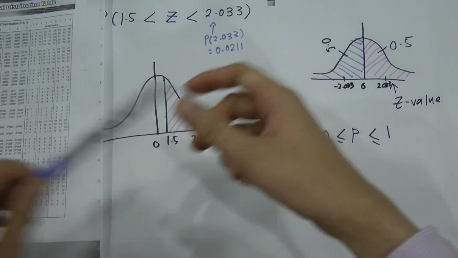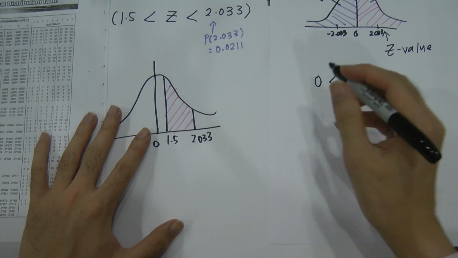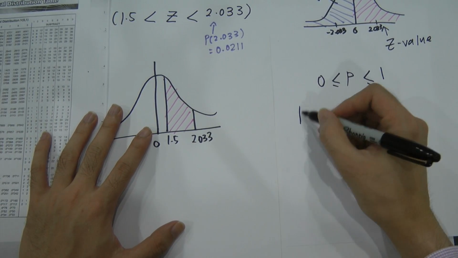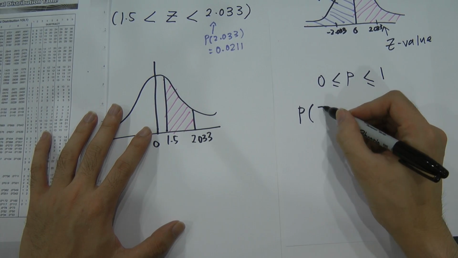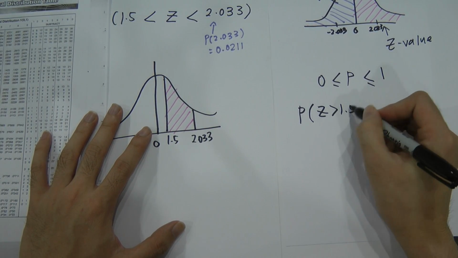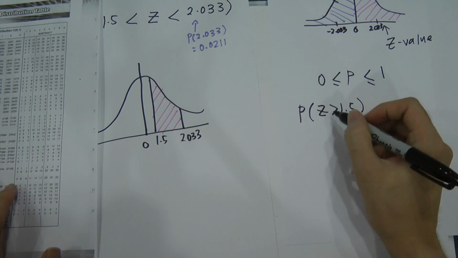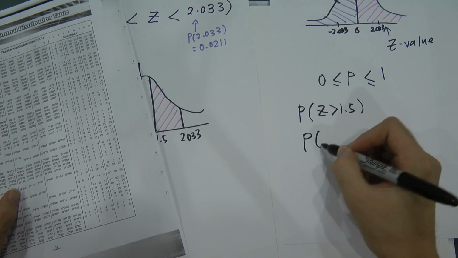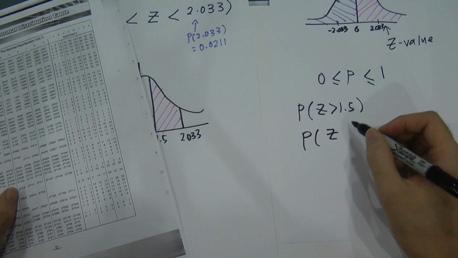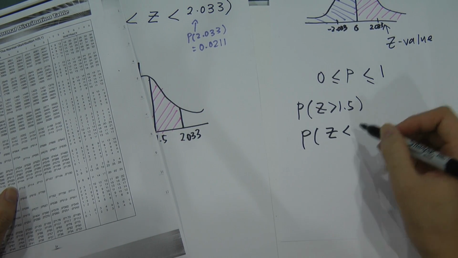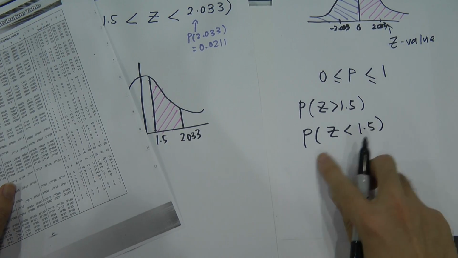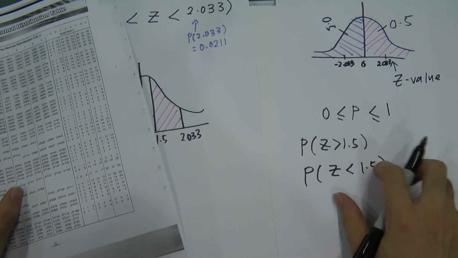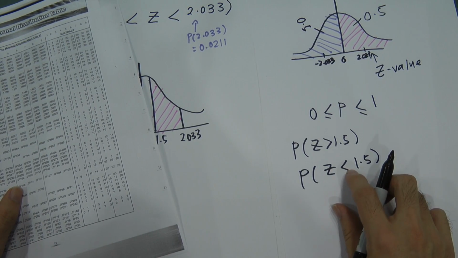For example, when he asks you for the probability z is bigger than 1.5, you can straight away find 1.5 here. If you got P(z) smaller than 1.5, then you have to draw out the graph first. You don't straight away find from the table if you got smaller, simple. But if you got bigger, you can straight away find it in this table.